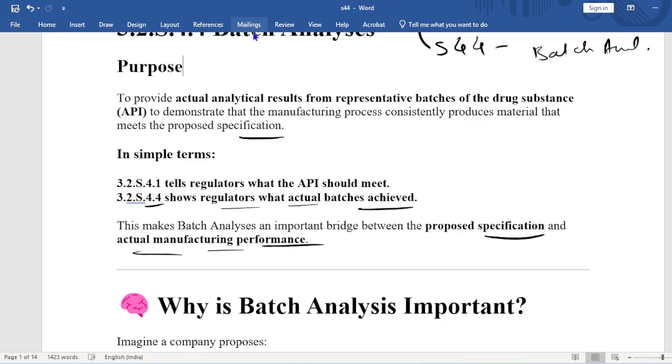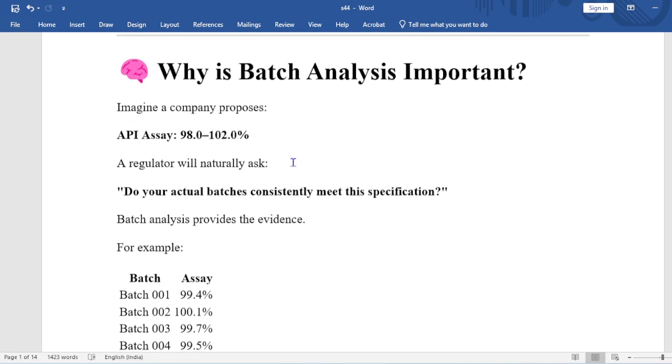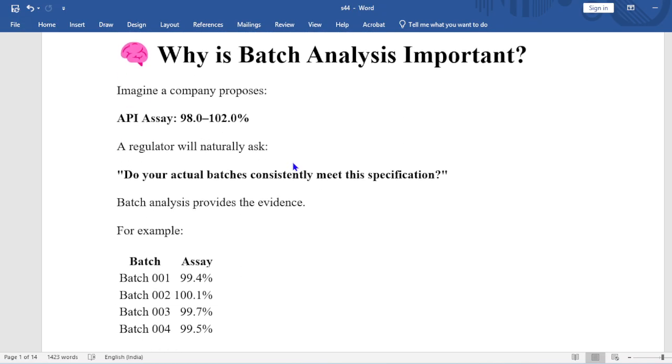So why is batch analysis important? Imagine a company proposes an API assay of 98 to 102%, and the regulator will naturally ask, do your actual batches consistently meet this specification? At that time, your actual batch analysis will provide the evidence. Whatever you have proposed, 3.2.S.4.4 provides evidence.